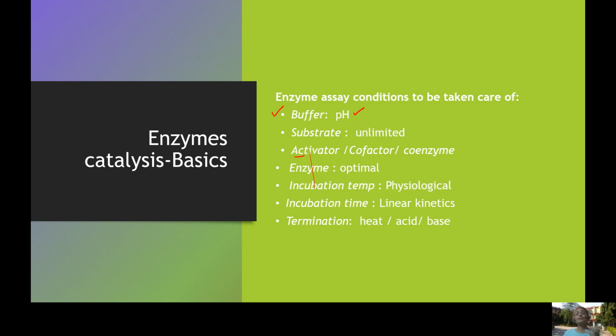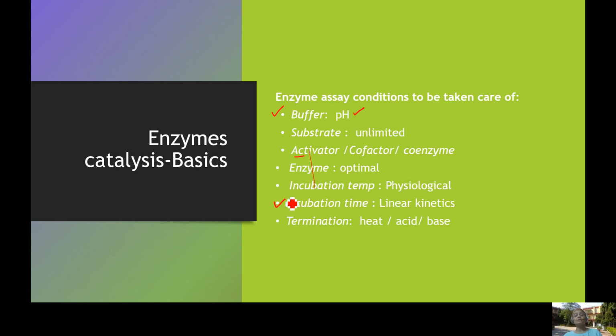Every enzyme has a temperature which is called the optimum temperature at which the activity of the enzyme is maximum. Whenever you do enzyme catalyzed reactions, it is important that you know the optimum temperature for the enzyme and you carry out the reaction at its optimum temperature.